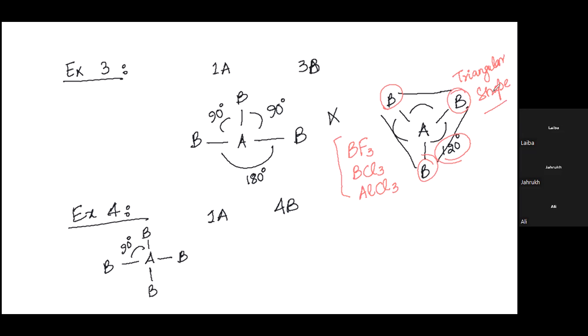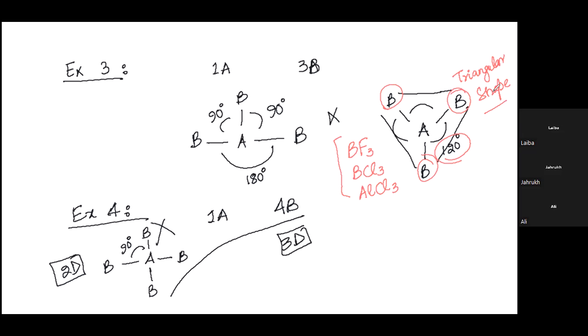Since a circle is composed of four 90-degree angles, we can put one of the Bs on top, one at the bottom, one at right, one at left. So that would tell us what the whole structure is about, right? But this is for a two-dimensional structure. The bad news is that for all of these kinds with 1 A and 4 Bs, all are three-dimensional structures. So this arrangement won't work for us.